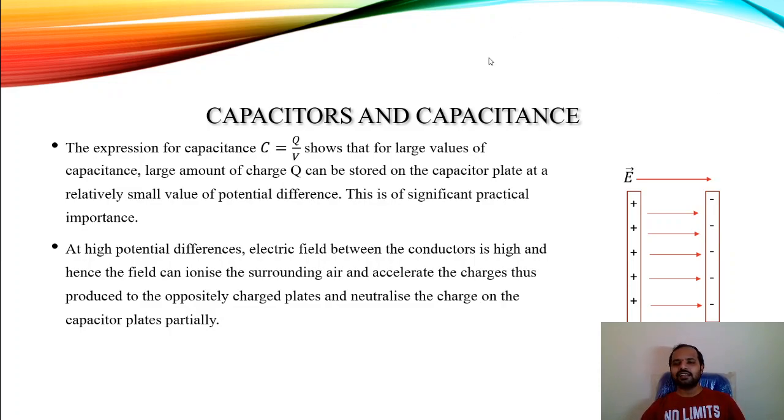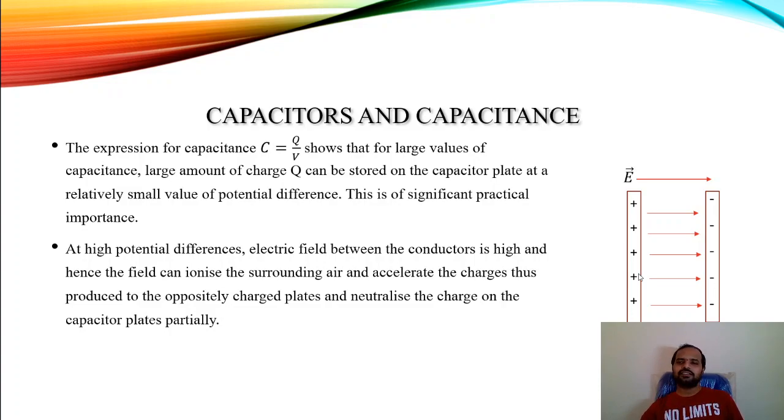That is, the charges get partially neutralized, which means the capacity of the capacitor to store charges is going to be limited in the presence of a high potential difference between the two plates. Hence, usually what we do is make sure that the capacitance of a capacitor is very high while we store the charges at very low potentials.